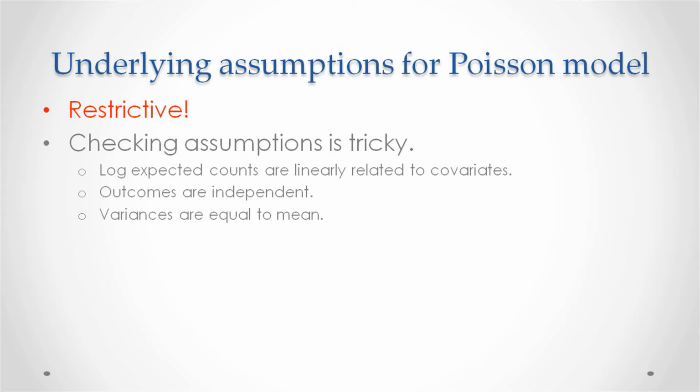Further, when we have a regression model, and particularly in the case where we have continuous covariates, so that we do not have more than one individual with the same set of covariates, checking the assumptions is tricky. So what are the assumptions for the Poisson regression model? Firstly, that the log expected counts are linearly related to the covariates, the outcomes are independent, and the variances are equal to their mean.